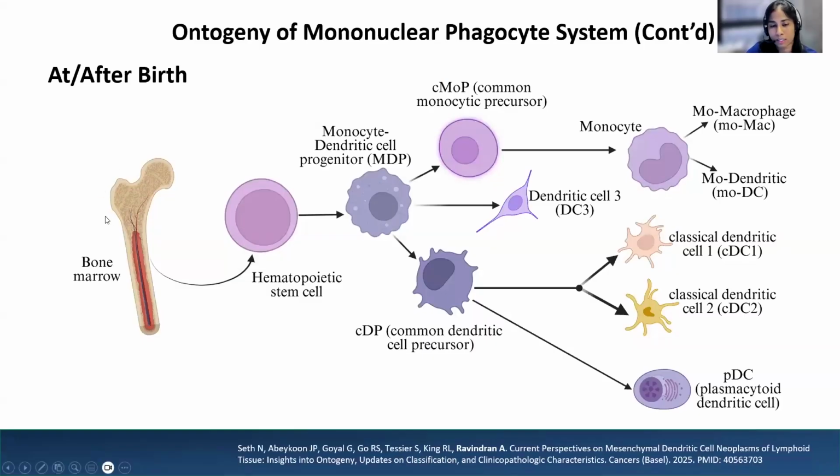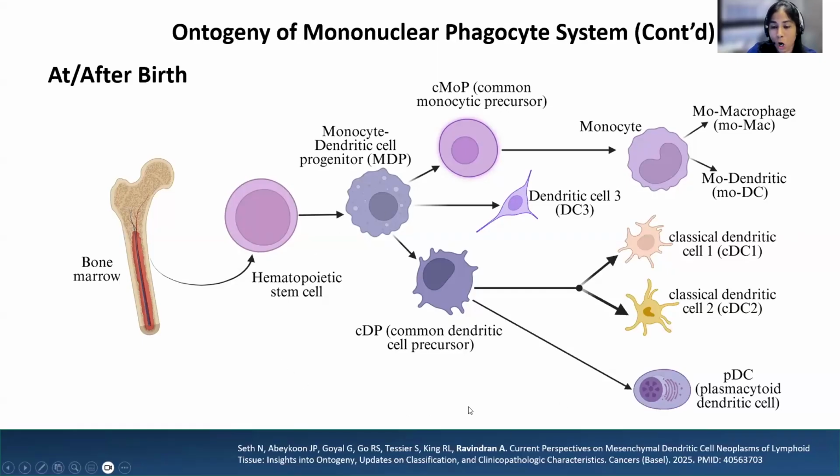But when there is a disturbance in the homeostasis, then they represent the primary site of production of these mononuclear phagocytic cells, giving rise to monocytic dendritic cell progenitors that differentiate into the monocytes. The monocytes, in the setting of infections and inflammatory conditions, are the primary innate immune cells, giving rise to monocyte macrophages and monocyte dendritic cells.